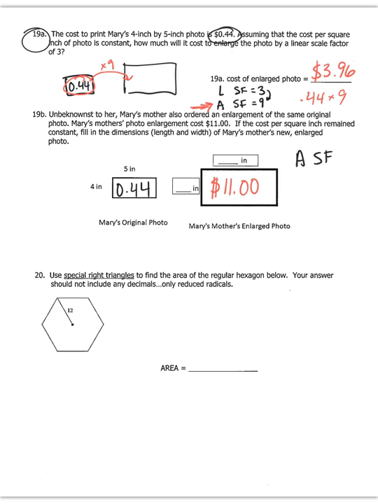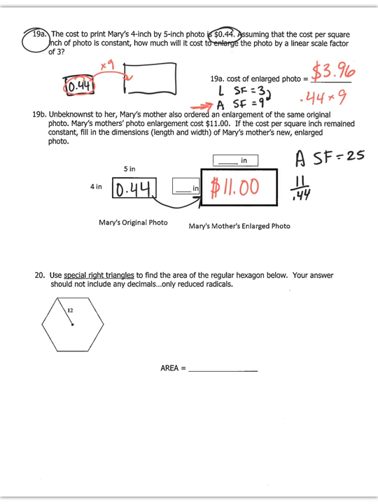What must the area scale factor have been? Of course, we'll figure that out by doing 11 divided by 0.44. 11 divided by 0.44 gives us an area scale factor of 25.